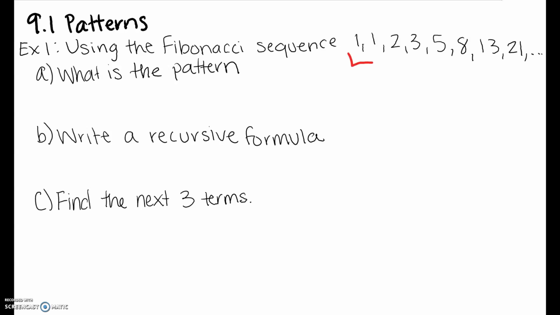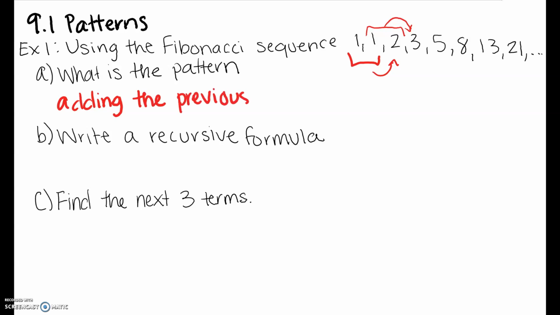So we would add these two, and we get this term. If we add these two, we get this term. Okay, so the pattern is that you are adding the previous two terms.